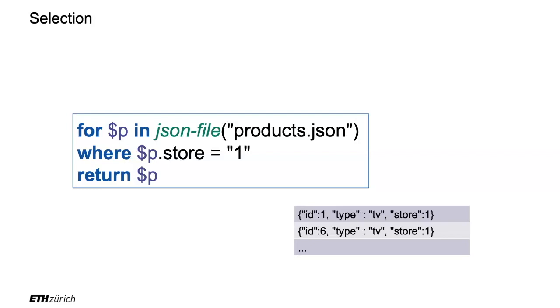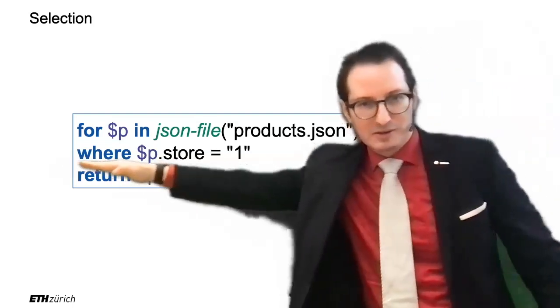So the idea of the return clause is that you have this tuple stream, right? You remember when you go down the clauses of the FLWOR expression, you just modify the variable bindings. You just produce variable bindings. So when you arrive at the return clause, you have the variable bindings that were produced by the upper clauses right here.